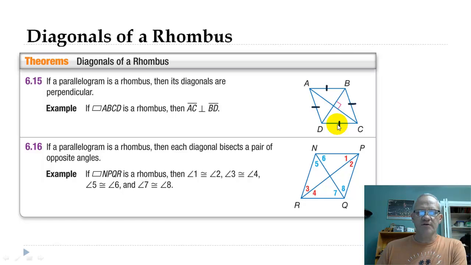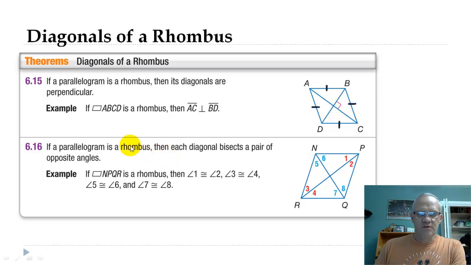All the other rules that parallelograms had still apply. The second thing was that the diagonals are perpendicular. So in this one, when you draw the 2 diagonals, it makes a 90-degree angle here. That's another key thing that you can possibly use when you're solving problems with rhombi.